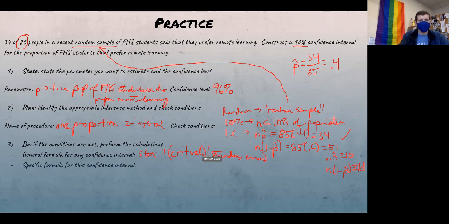Now we can put a specific formula for this confidence interval. The specific formula, because we're dealing with proportions, is going to be p hat, which is our specific statistic, plus or minus a z star for our critical value. And the standard error is given as the square root of p hat times 1 minus p hat, divided by n.